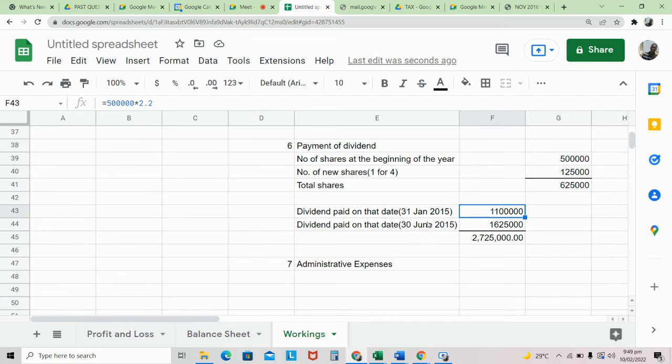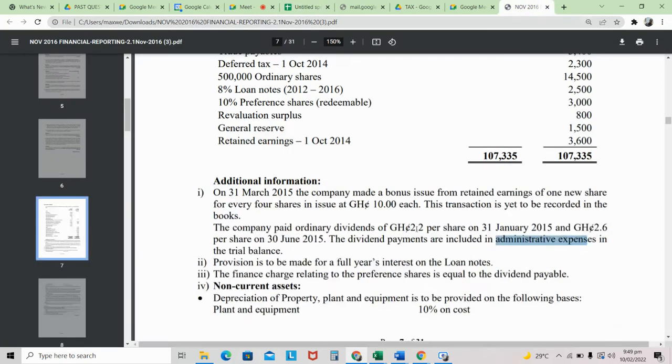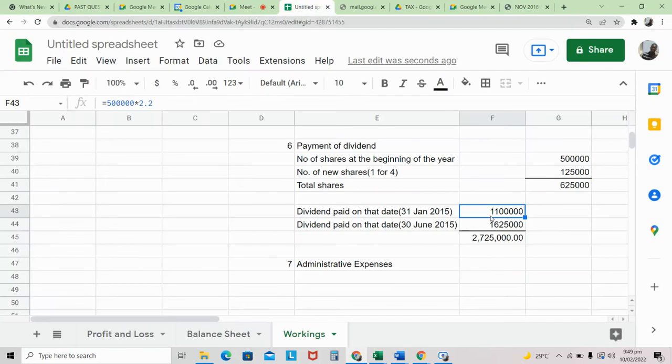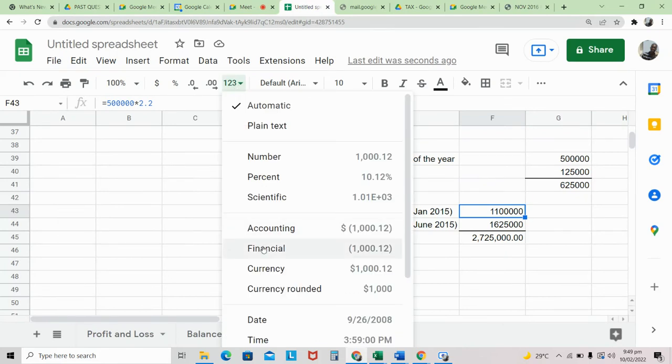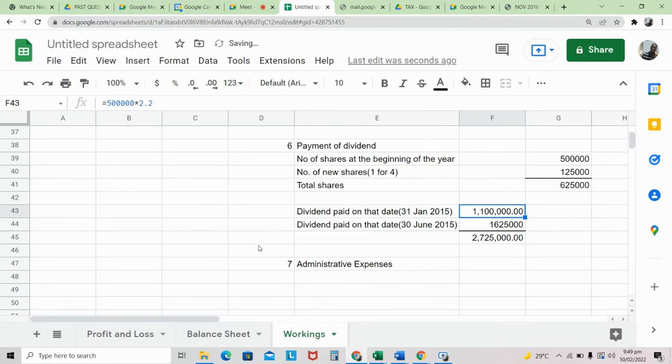So on 31st January, the company had 500,000 shares. And then they pay dividends of 2.2 Ghana cedis per share. So if you multiply 2.2 by the 500,000, you get 1,100,000. Okay, I get it.